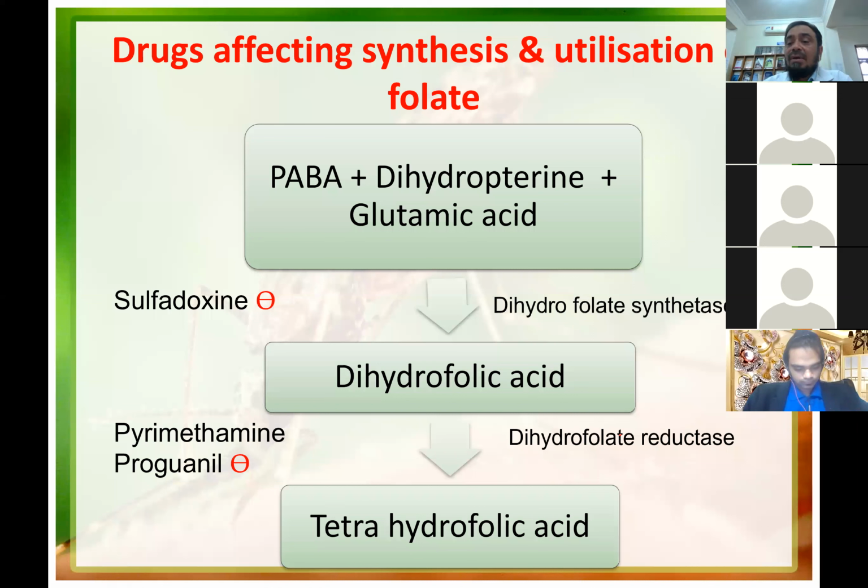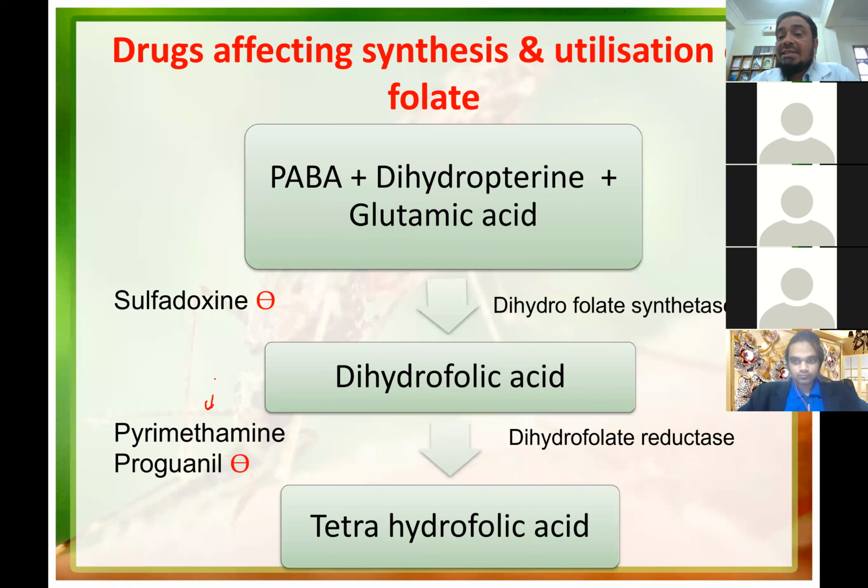Okay, there was a question asked in last class why we use sulfonamides. Sulfonamide as such has a very weak antimalarial action, or maybe negligible antimalarial action, but still it is combined with pyrimethamine.